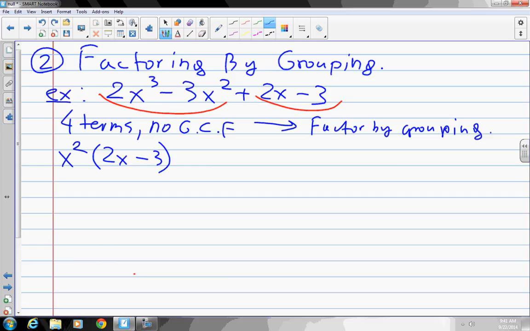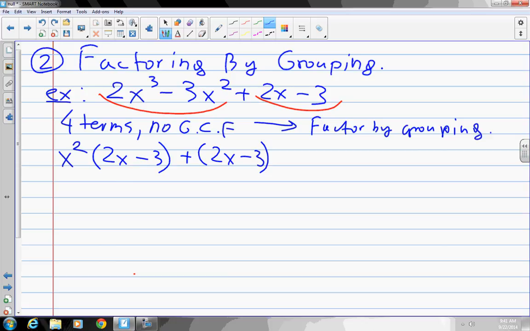In order for factoring by grouping to work, you want to get another 2x minus 3 out of the remaining two terms. Well, the remaining two terms is just 2x minus 3, right? I'm going to write it like this. I'm just going to throw in a pair of parentheses around 2x minus 3. Is that okay? I can just put the parentheses, there's a plus in front.